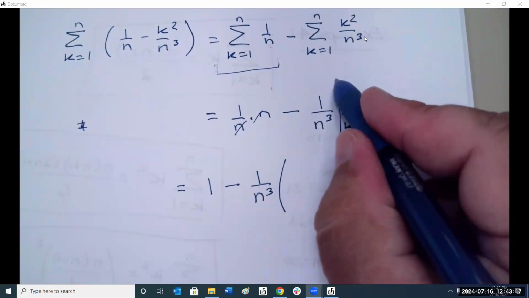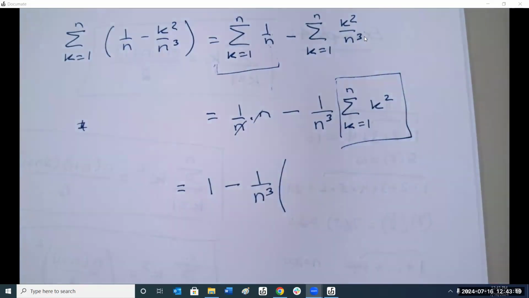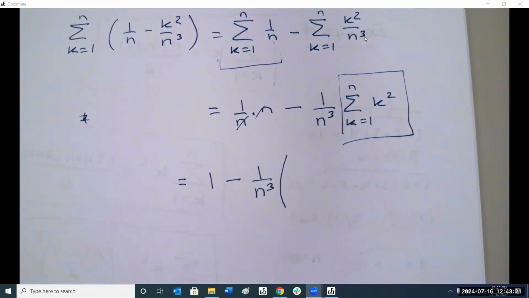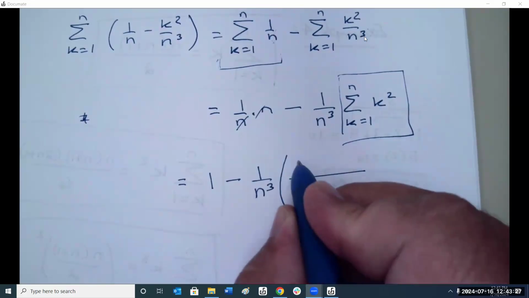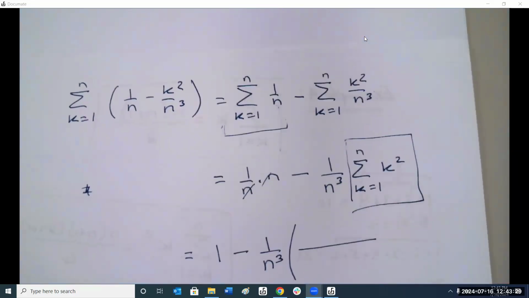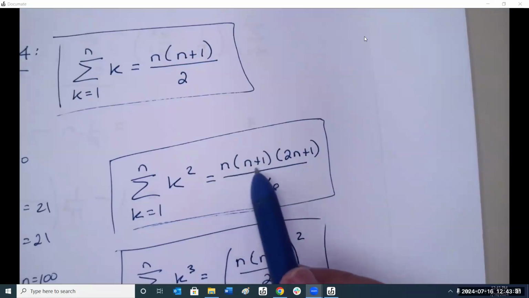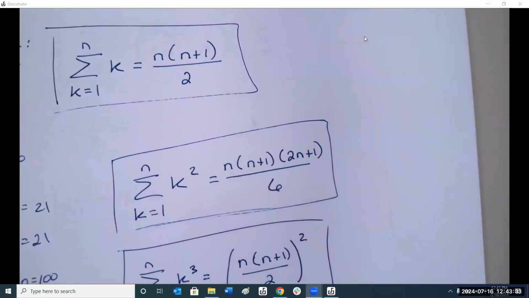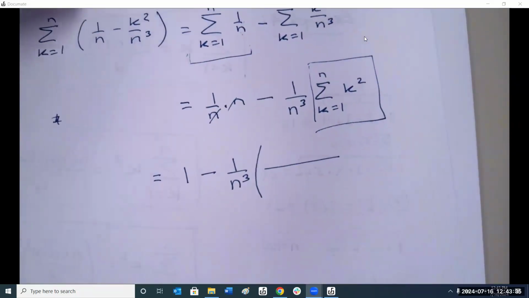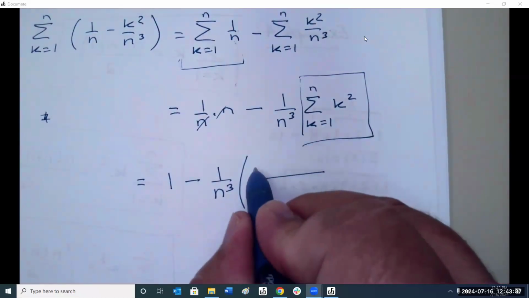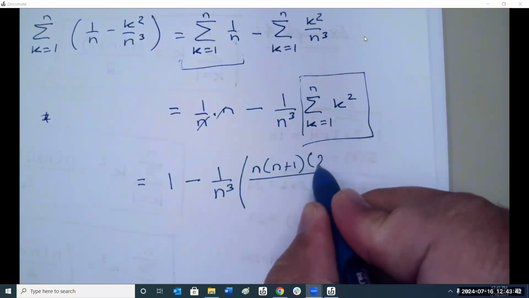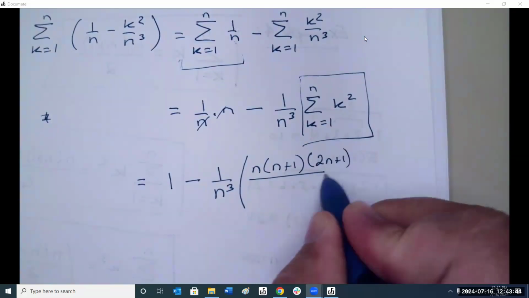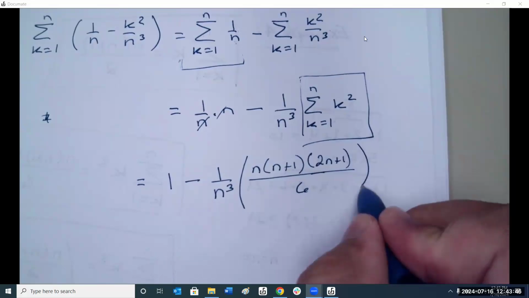Now, what is this? If we expanded this, what would we get? Yeah. The sum of k squared, yes, so it's n times n plus 1 times 2n plus 1 over 6. Because now we got rid of all the k's. Now we're just at n.